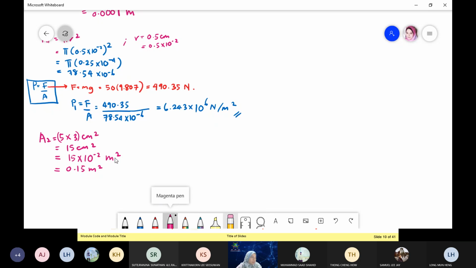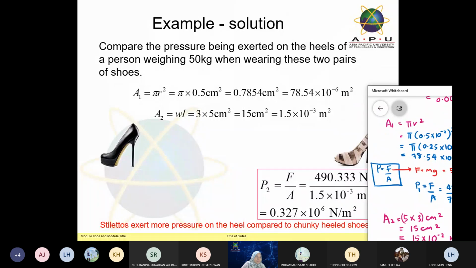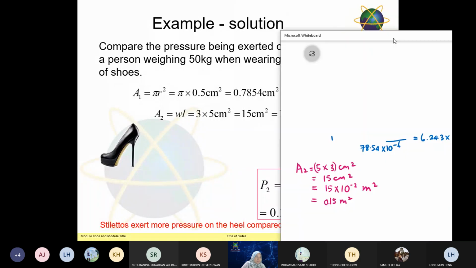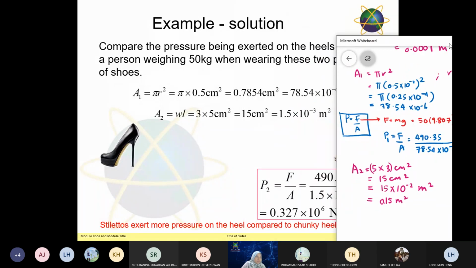Wait, I become blur lah. Wait. 0.15 meter square. 0.15 correct. 1.5 milli. Okay lah.